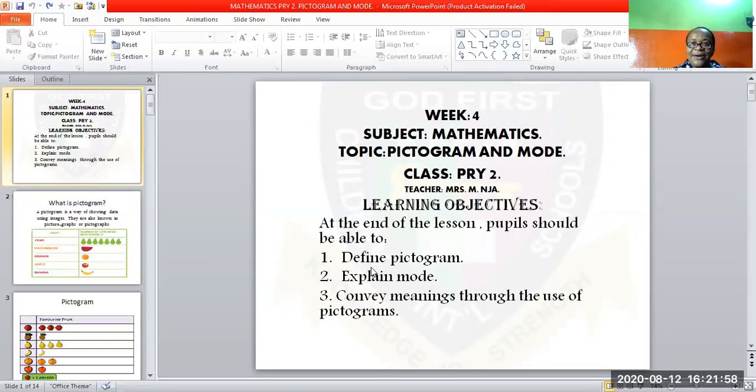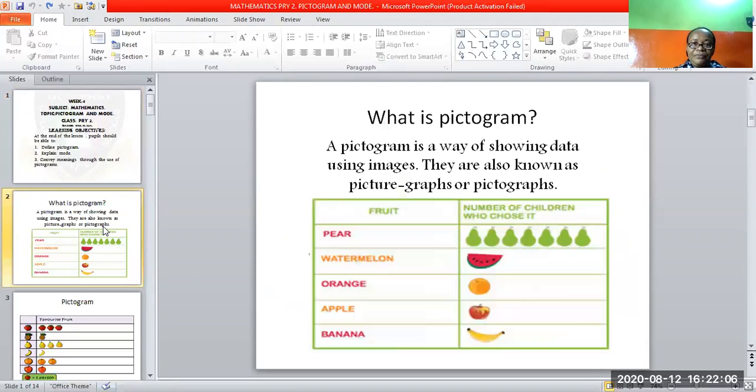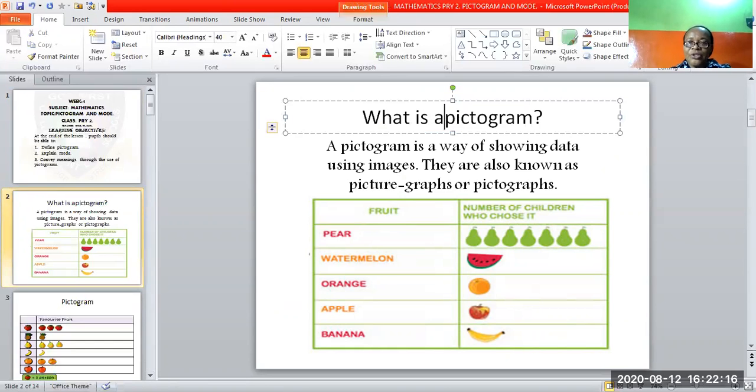Now let's start with the first slide that takes care of our question, defining pictogram. What is a pictogram? All right?